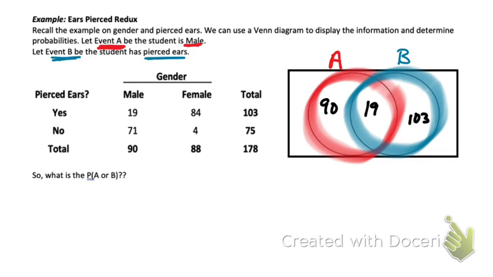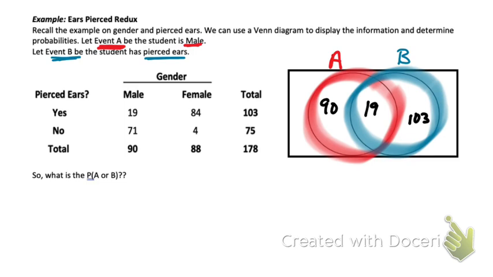Here's why that's wrong. You guys, if I look at the whole circle A, the whole circle A should be the males. This whole circle should add up to 90. But right now it adds up to 109.